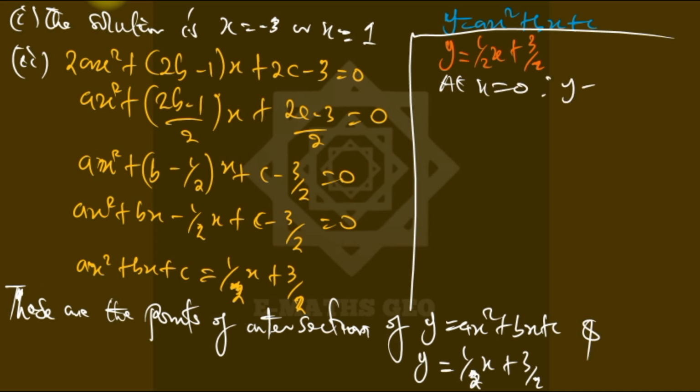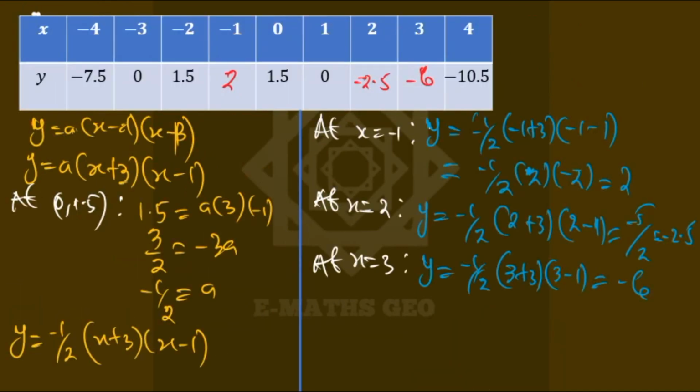If I choose x equals 0, you see that y is now 3 over 2, which is 1.5, and it is there. And also if I choose x equals maybe minus 2, it's there, it's on the table. Let's know whether y is there after substituting x.